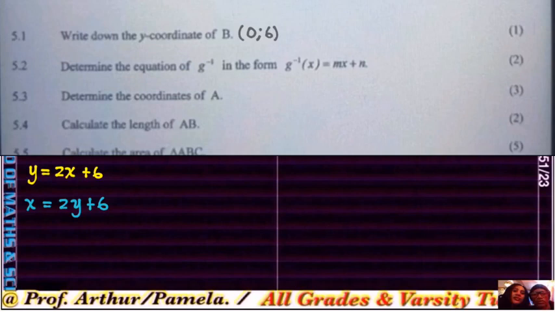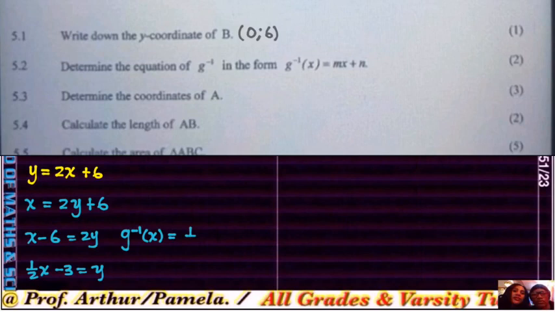But we must solve for x here. So I'm going to bring the 6 over, so it's going to be x minus 6 equals 2y. Divide by 2, then you're going to have half of x minus 3 equals y. So I can write that as g to the negative 1 of x equals a half x minus 3.